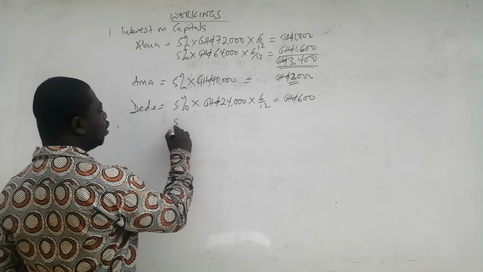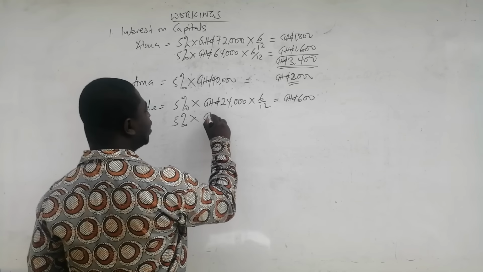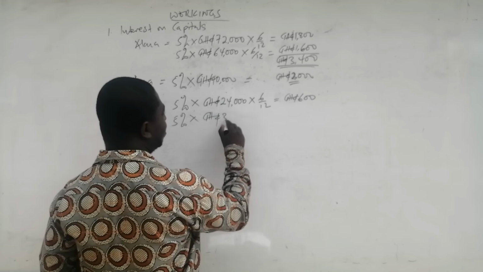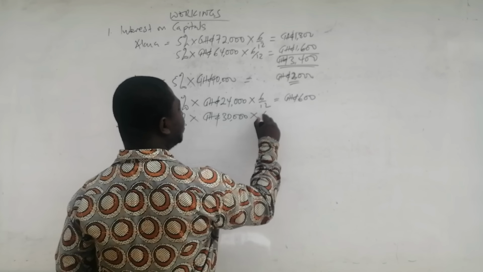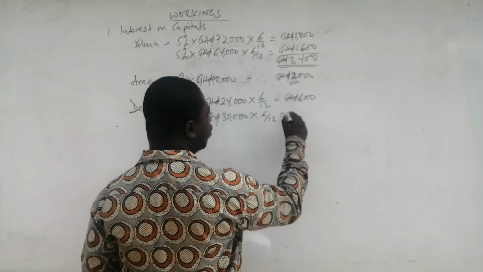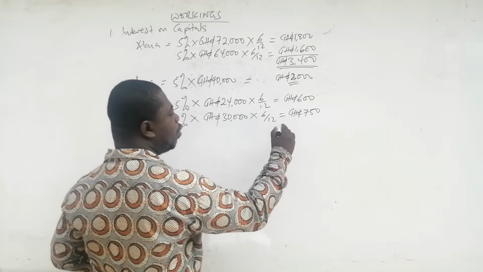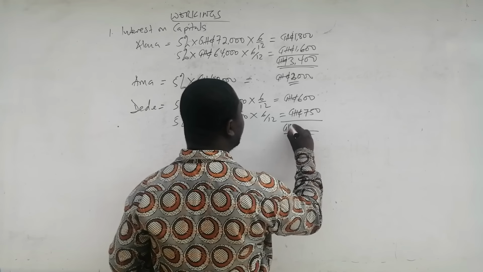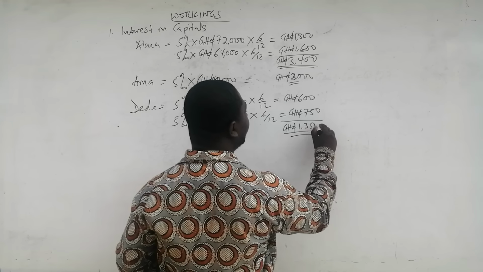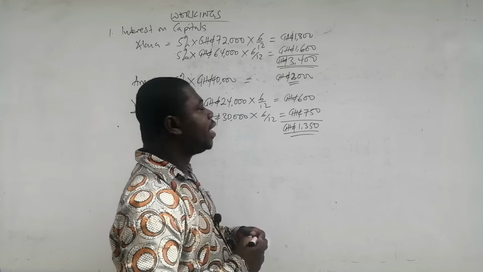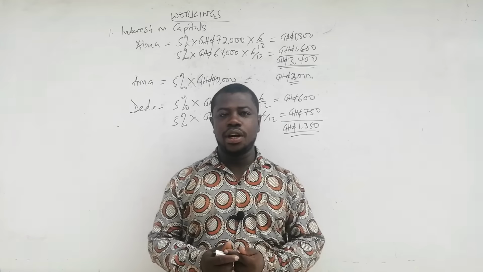And then we will still calculate 5% of the new figure after 6 months, 30,000, still times 6 over 12, and that's going to give us 750. And so when we add up these two, we are going to have a total of 1,350. And that is going to be Dede's interest on capital for the year.